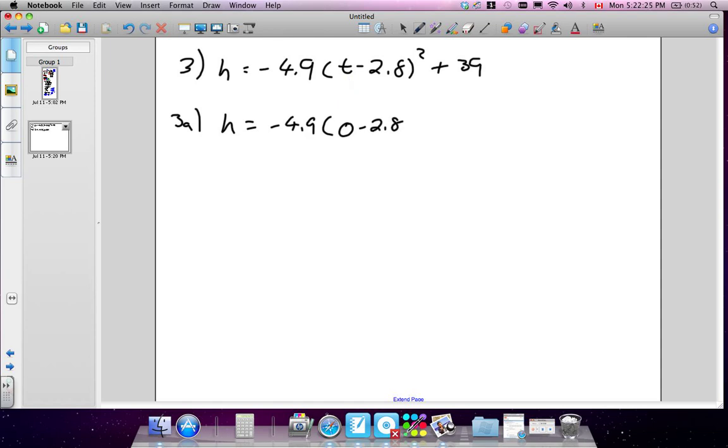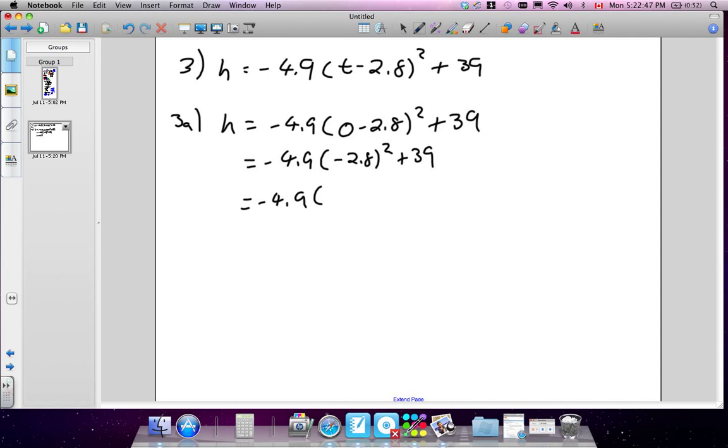Okay? So, h is equal to negative 4.9 times (0 minus 2.8) squared plus 39. This becomes negative 4.9 times negative 2.8 squared plus 39. Can you get that number there?